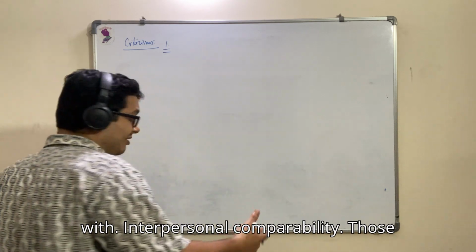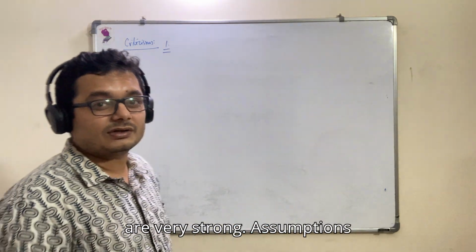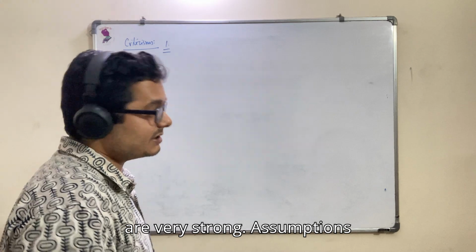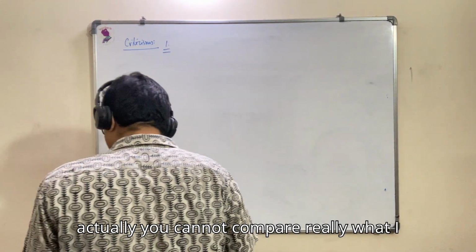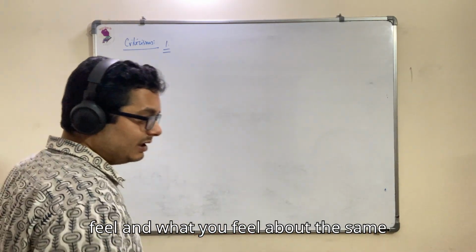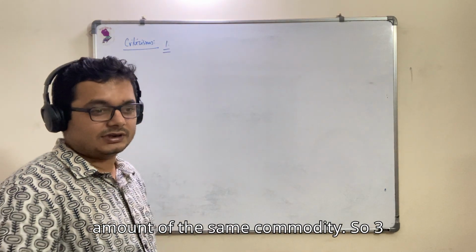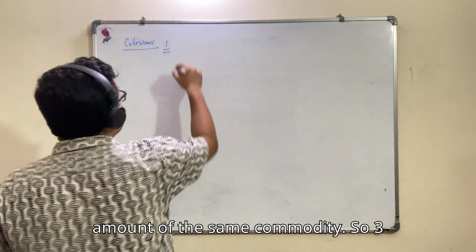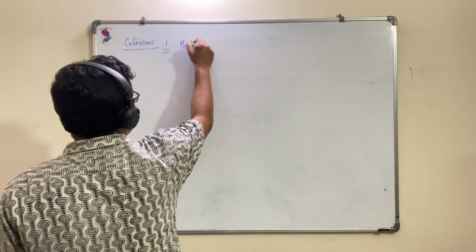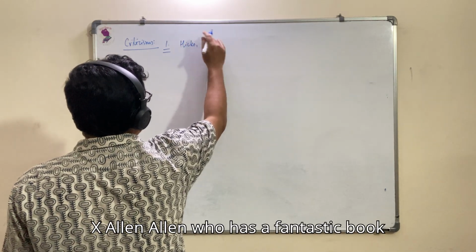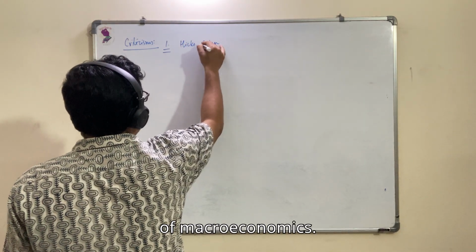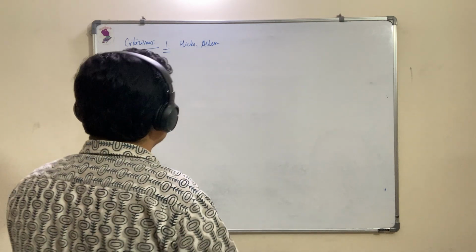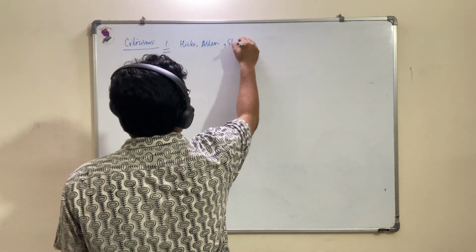With interpersonal comparability, those are very strong assumptions actually. You cannot compare really what I feel and what you feel about the same amount of the same commodity. So 3 names we will take: Hicks, Allen who has a fantastic book of macroeconomics, and then Slutsky.